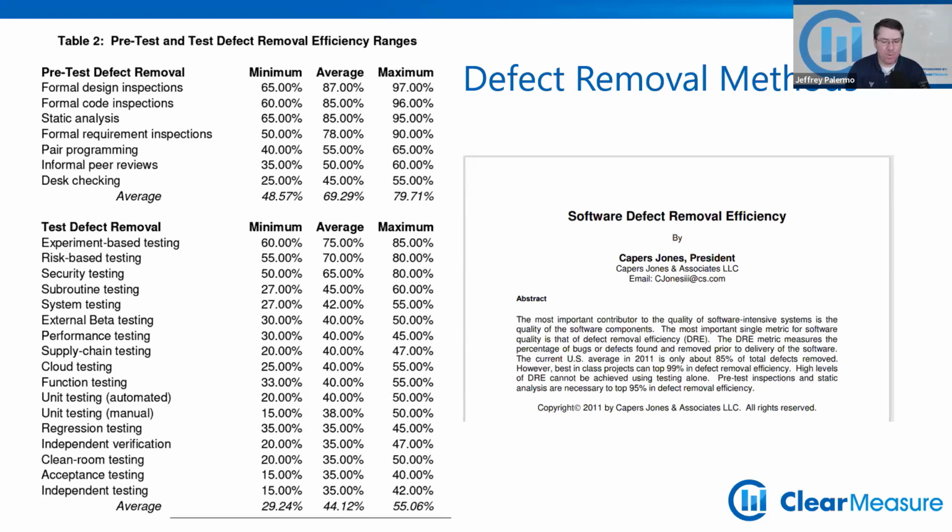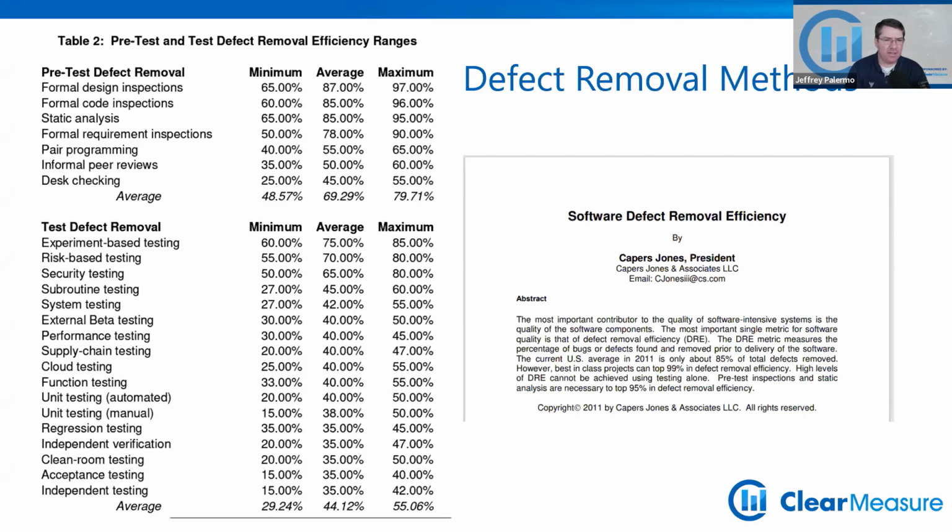But what Capers Jones found is that if you combine a few highly effective techniques, then you actually get a combined benefit. So, for example, if you take formal inspections, like the formal design, code, and requirements inspections, which average 87, 85, and 78, then you're already getting in the 90s.